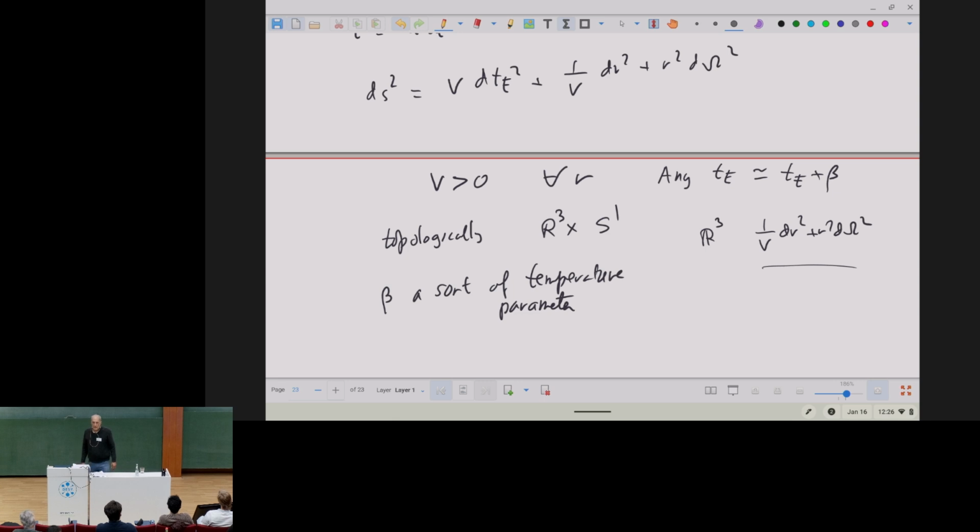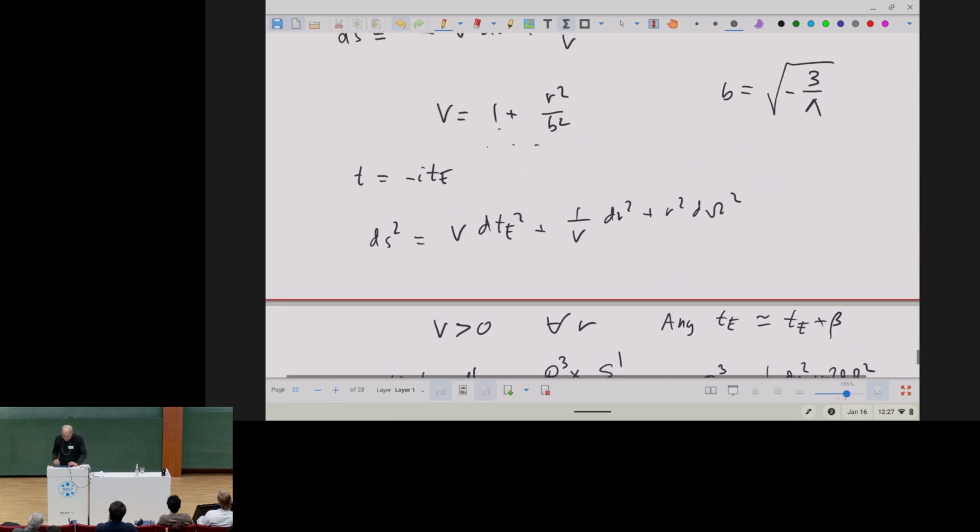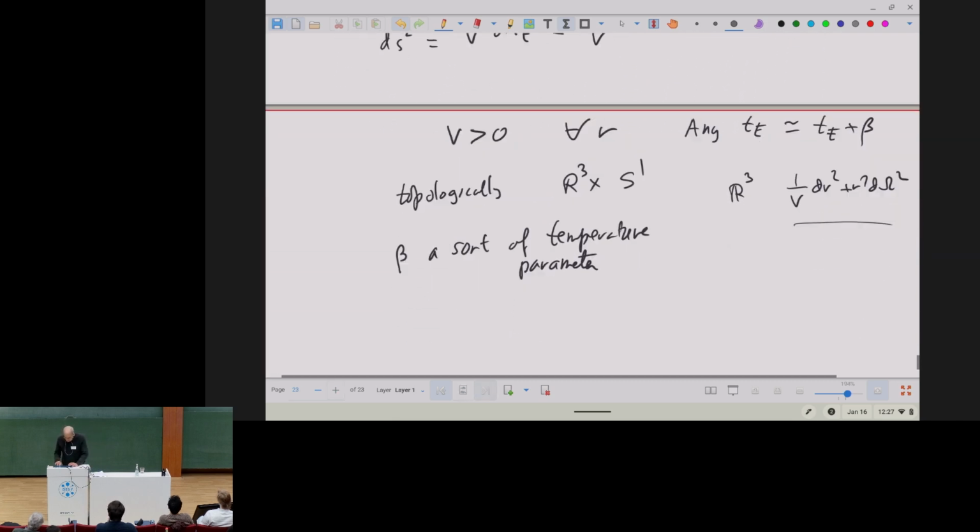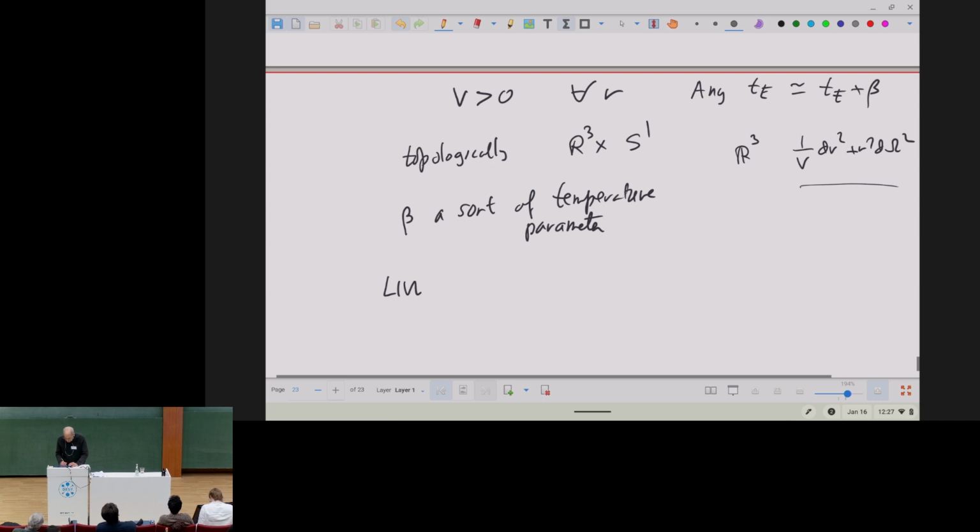But beta is not the inverse temperature that you would measure if you lived in the space. If you live in the space-time, well, if you live here, you see we have V dTe squared, which is (1 + r squared over b squared) dTe squared.